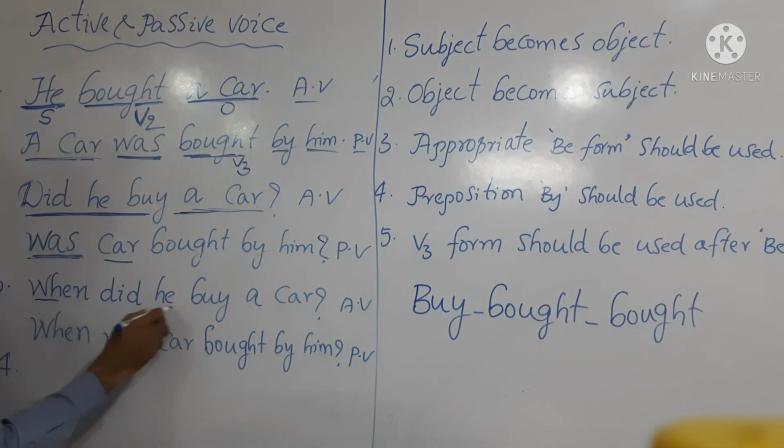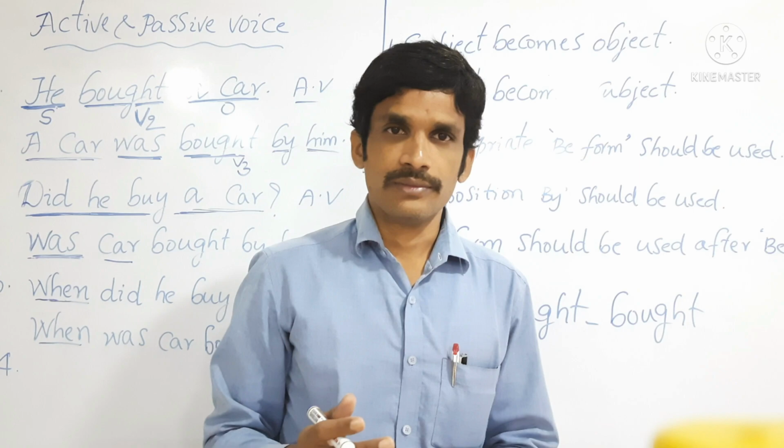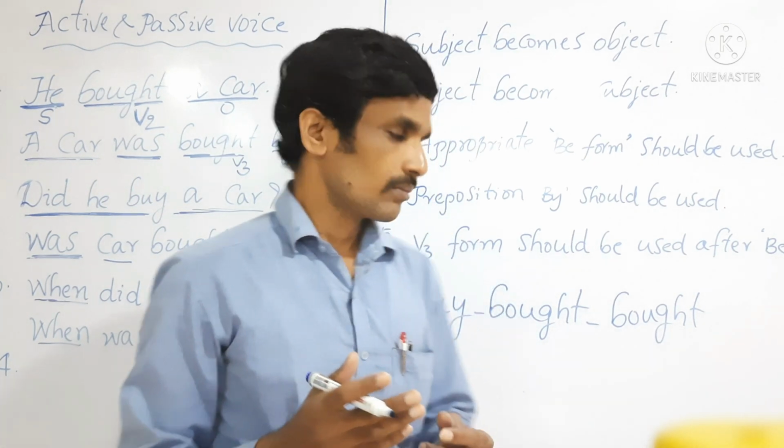So, when did he buy a car? And when we change this into passive voice, a WH question remains WH as it is: when remains when, what remains what, and why remains why. Whatever it is in the active voice, the WH word will remain as it is, except who.